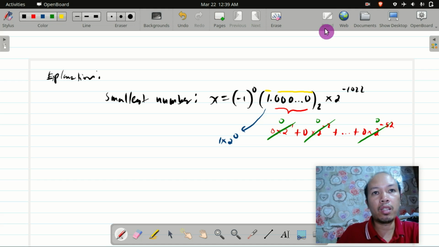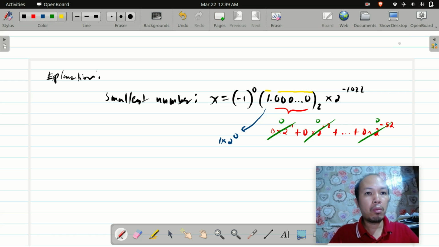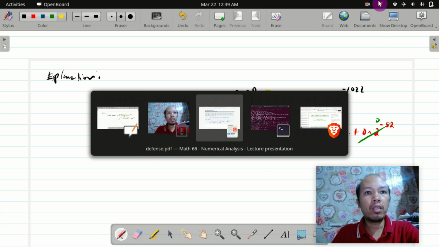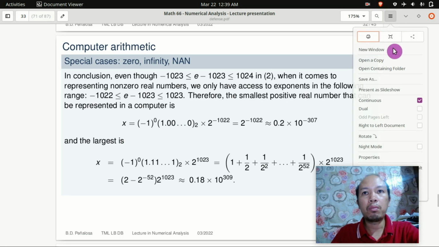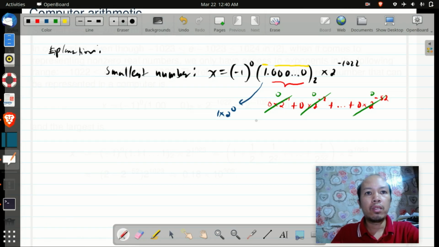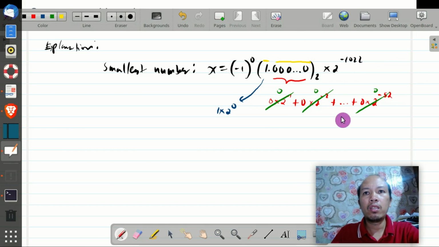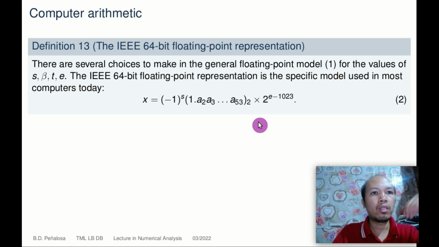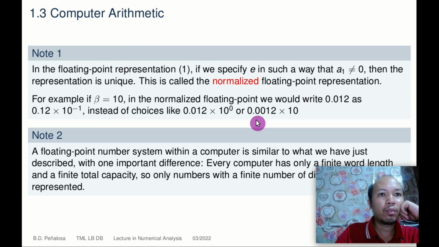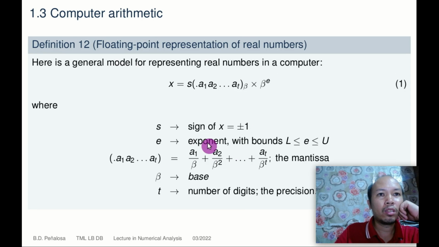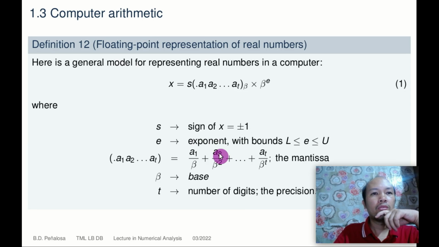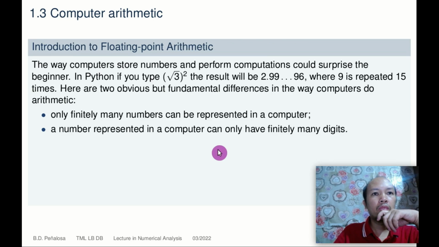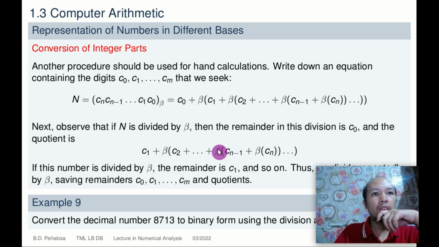So if you remember the formula, let me recall that one, this formula, I guess this one here.